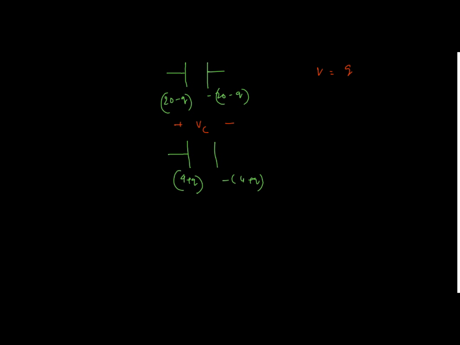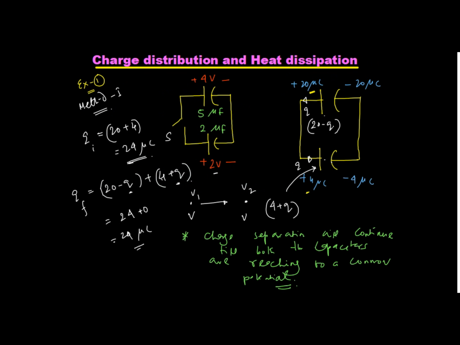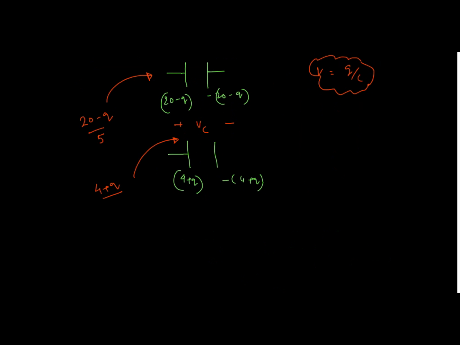So V is equal to, what is the formula? Q by C. Correct. So for this capacitor, it has to be 20 minus Q divided by, what is the capacitance? 5 microfarad. So I write 5. And for this capacitor, it has to be 4 plus Q divided by, what is the capacitance? It is 2. So I'll write 2. Now this is Vc, this is also Vc.